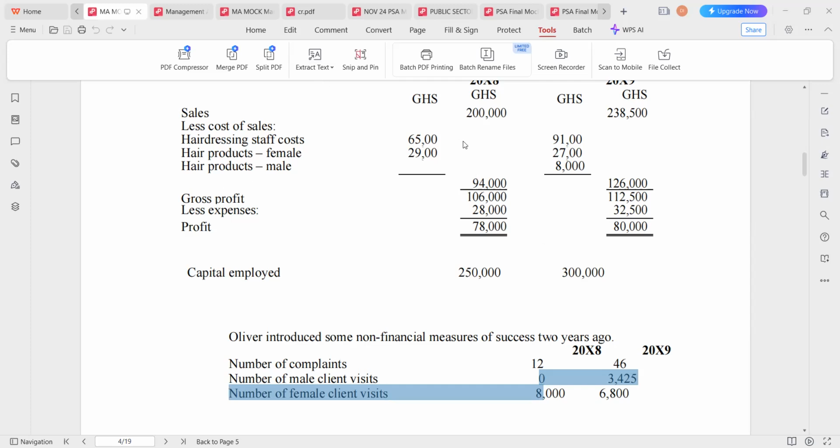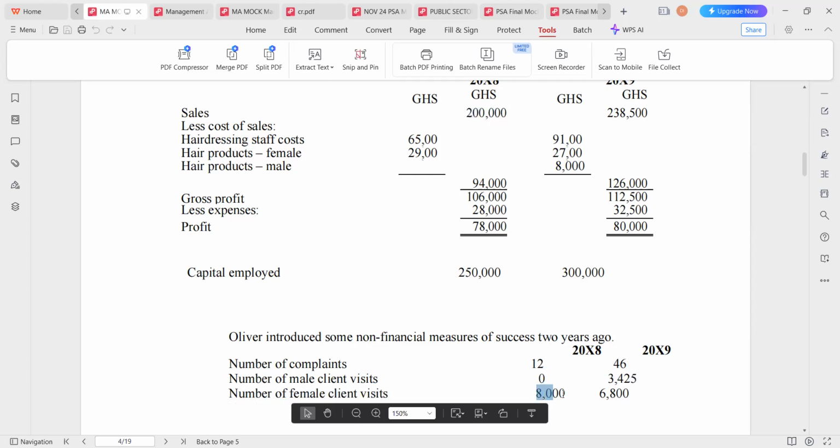Now, if it's 25, the question is this. When I serve 8,000 customers, I'm charging 25, I get this money. But the same question told us that the saloon has maintained the same price for female clients in both 2018 and 2019. So when we come to 2019, they were serving both male and female.